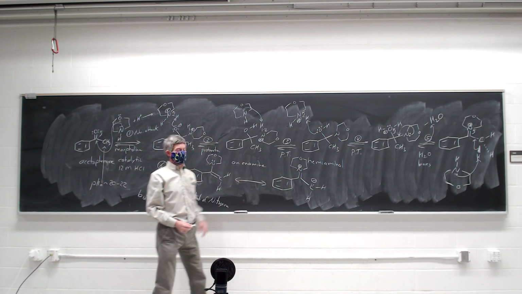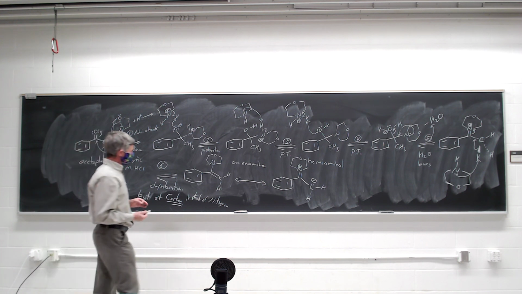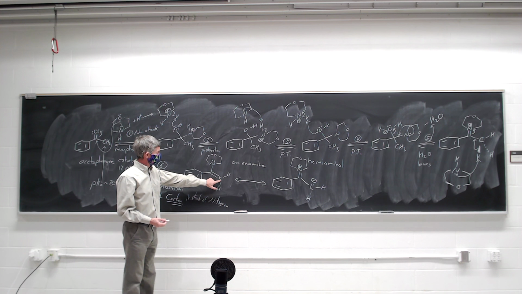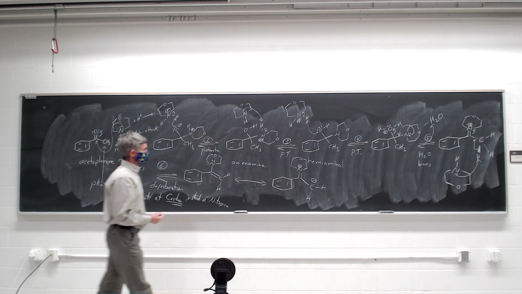That's a minor resonance contributor because it has that charge separation, but it's very important in looking at the reactivity of enamines. Enamines can be alkylated at this adjacent carbon because of the presence of the minor resonance structure.